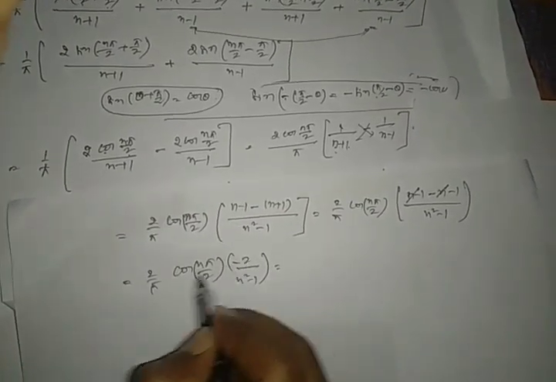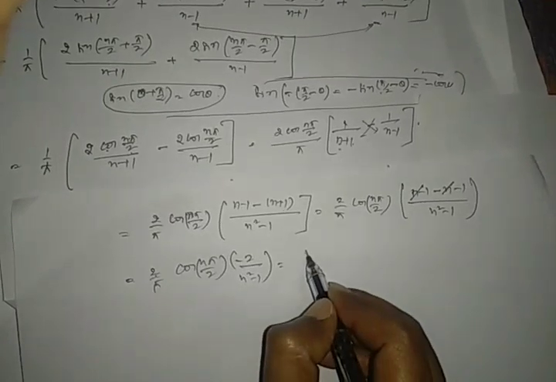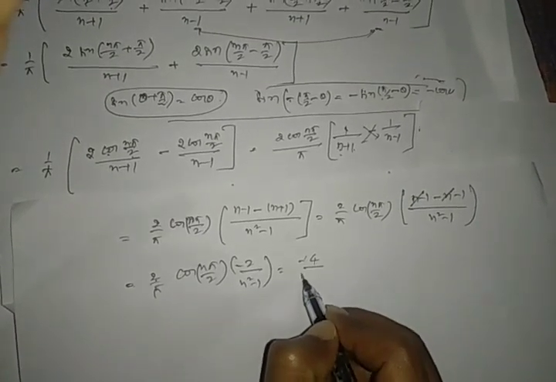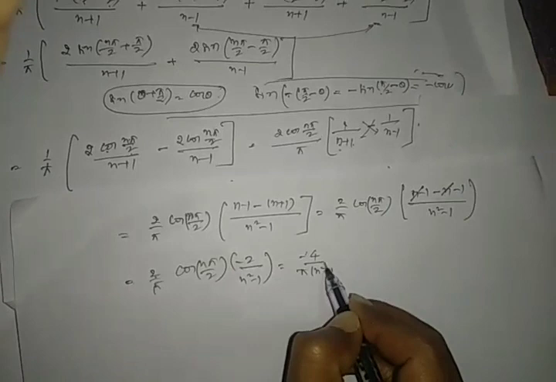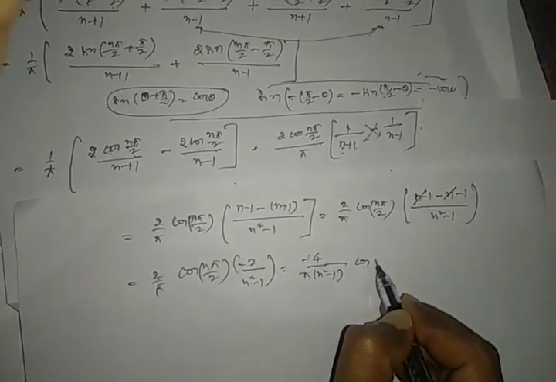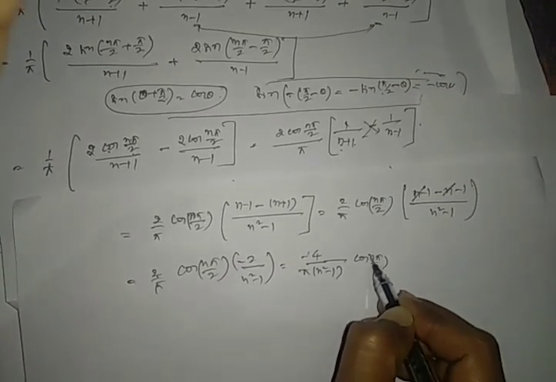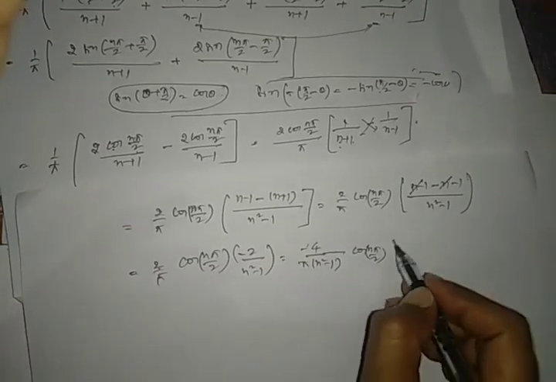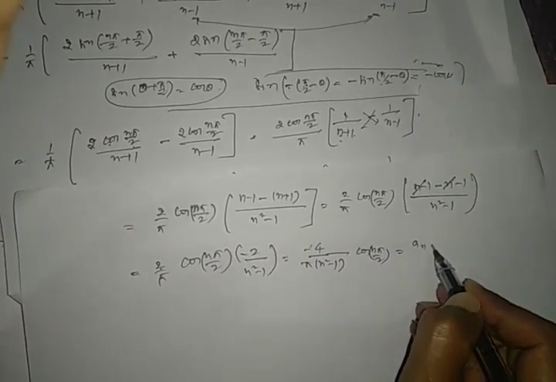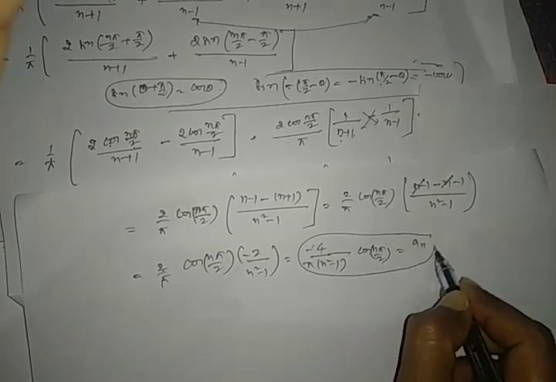That is equal to, see, 2 twos are 4, it is minus 4 by pi into n square minus 1 into cos n pi by 2. This is the a n value.